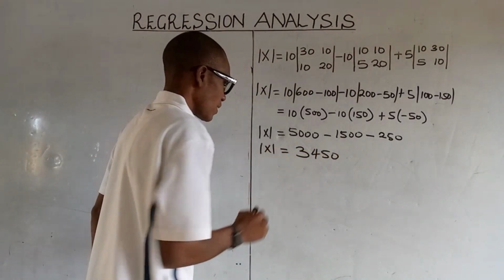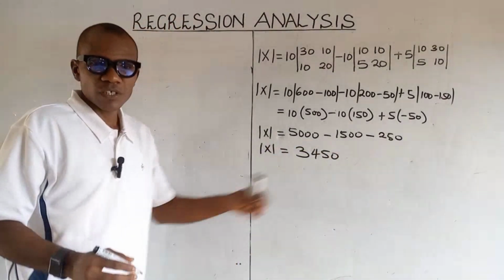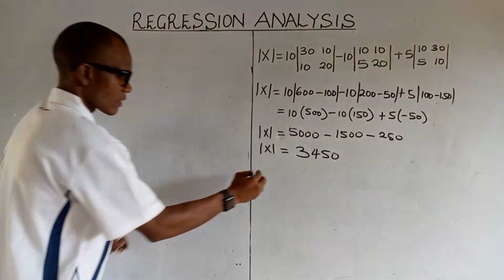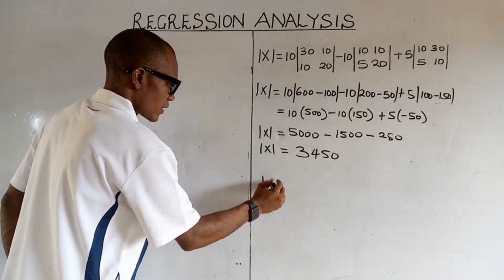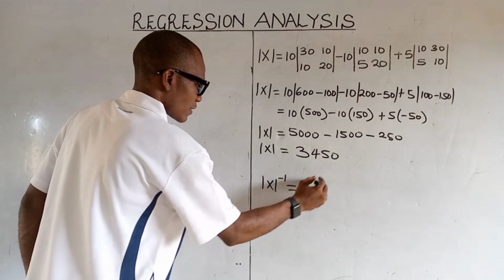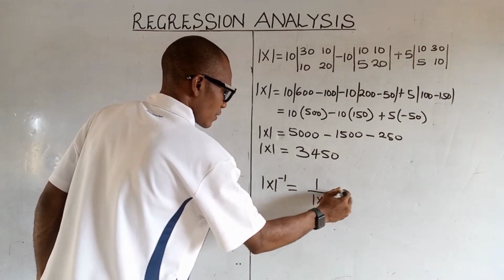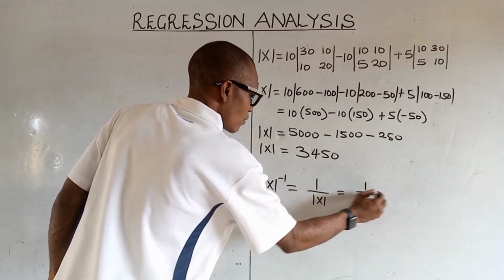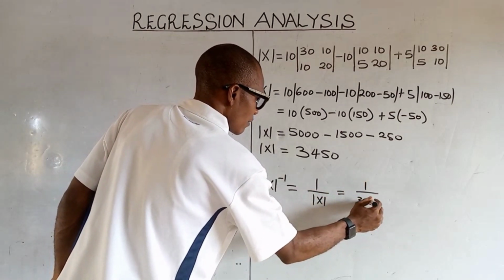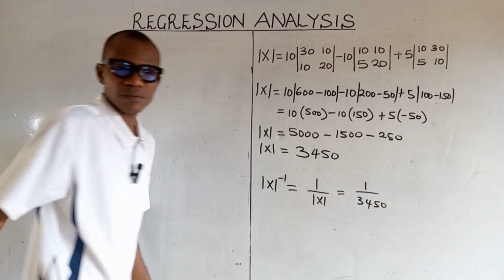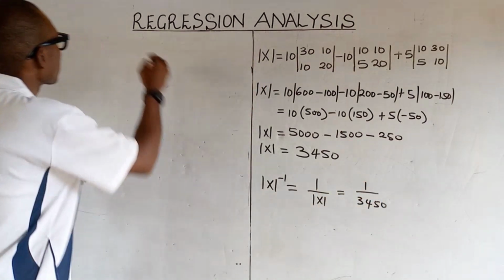So our determinant here will be this. Like we said, x inverse is equal to 1 all over the determinant of x. It means this is 1 all over 3,450. So it's very simple.